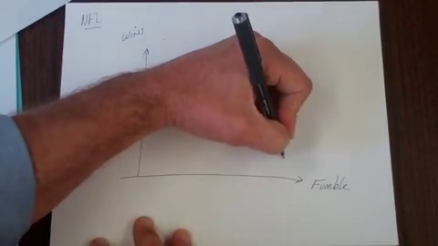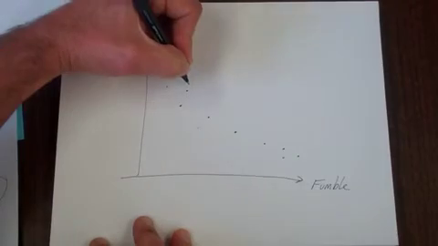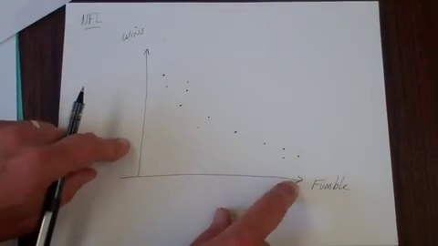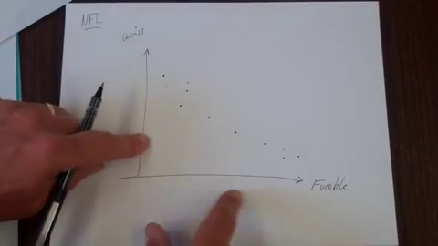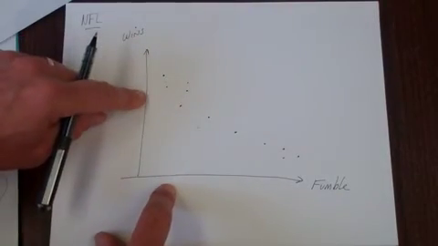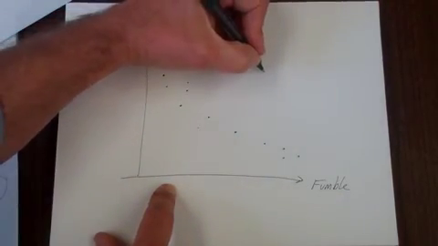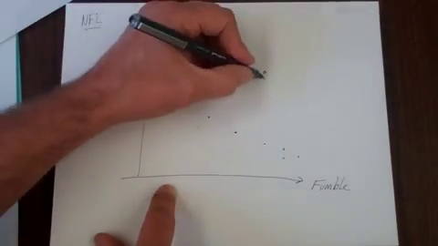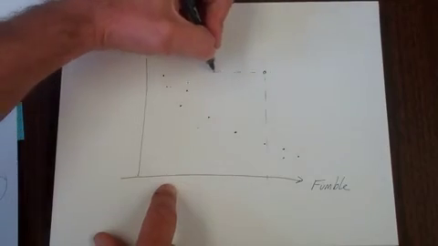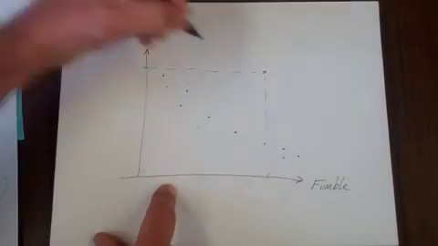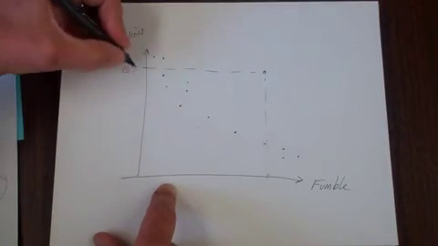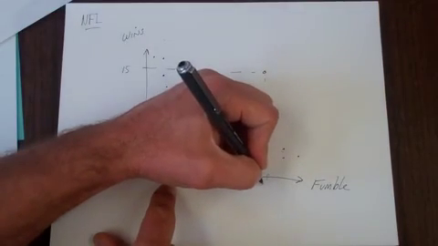And if you plotted all of those, you might see a general relationship in the sense that the more fumbles a team has, the fewer wins they have. The fewer fumbles, the more wins they had. This might be an example of an outlier. An outlier might be a team that had many fumbles, but also had many wins, right? So maybe they won 15 games, but they had a lot of fumbles.